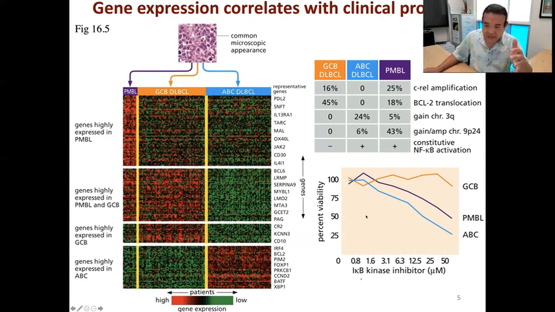This is actually in vitro cell culture data, where you're growing these different types of lymphoma cells in a dish, treating them with the drugs, and seeing how well the drugs lead to killing of these cancer cells. You can see the drug treatment is effective for the PMBL and the ABC type, but not the GCB type, which makes a lot of sense when you realize that the NF-kappa B pathway itself only seems relevant for the ABC and PMBL.